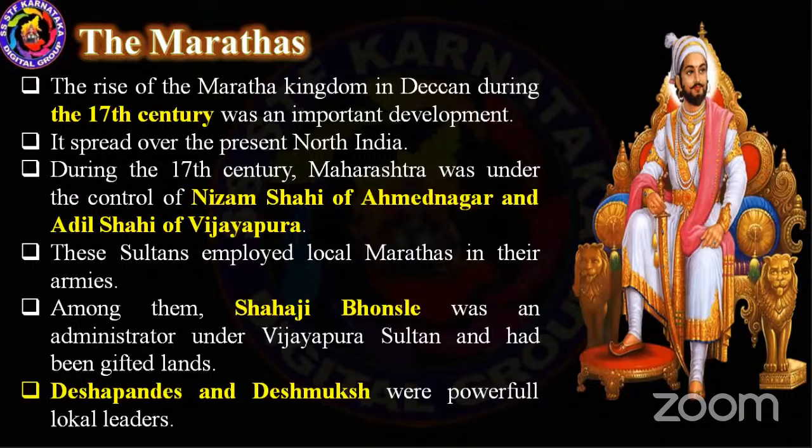Deshpande and Deshmukh were powerful local leaders. Shahaji Bhonsle was the administrator, and then Deshpande and Deshmukh were the local leaders who helped them collect tax revenue from the common people.